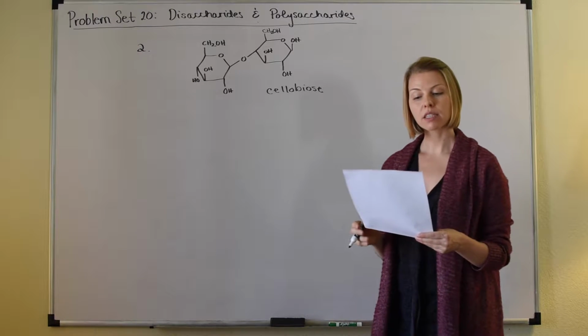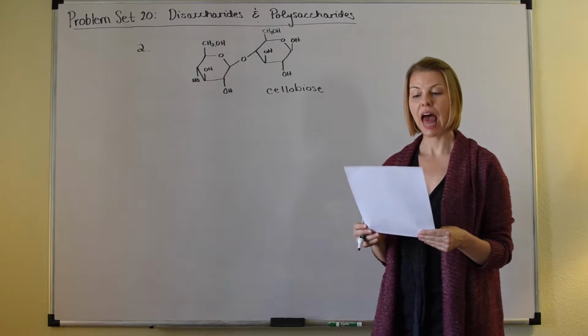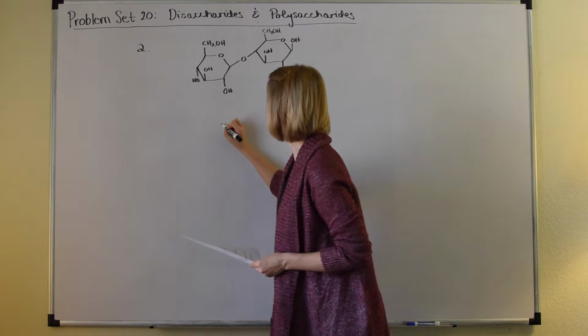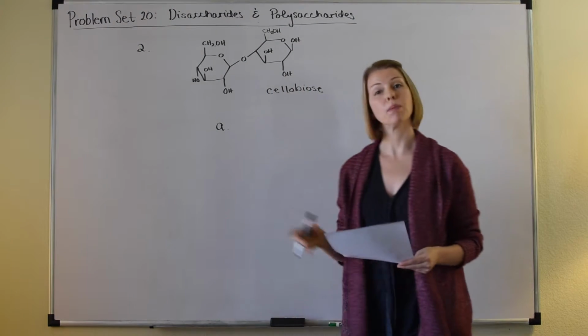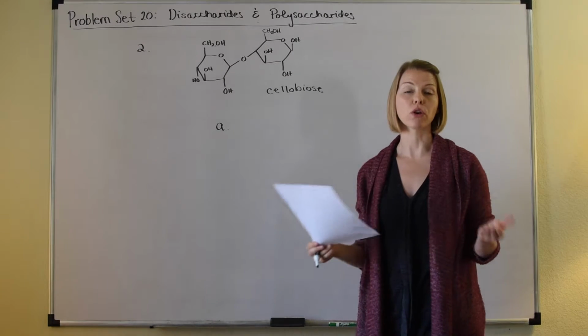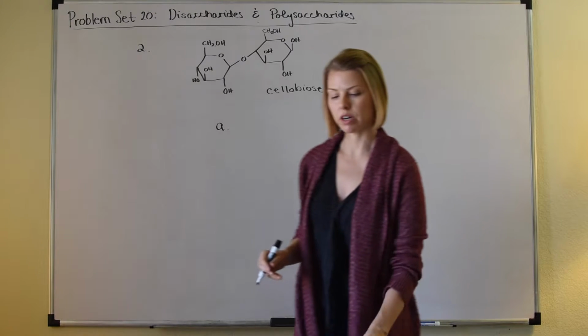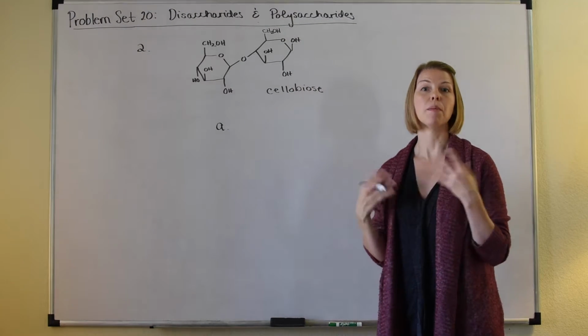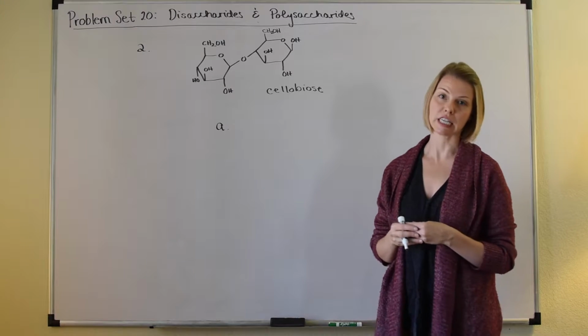A, what are the monosaccharides that are linked together in cellobiose? So for part A, you may just remember it from the example that we gave in tutorial number 20 for an example of a disaccharide with a beta-1,4 glycosidic linkage.